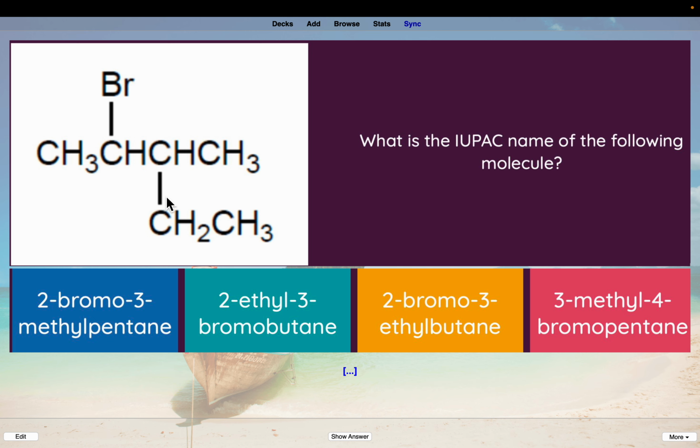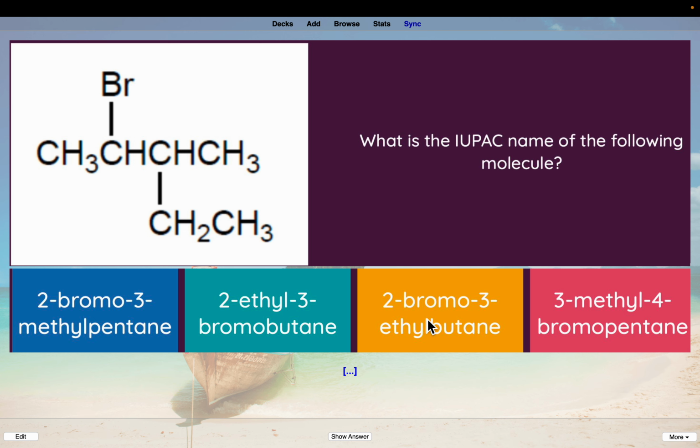So, 2-bromo, 3-methyl, meth, eth. Okay, so obviously the leftmost choice is already wrong because we have two carbons here. One carbon is meth, two carbons would correspond to eth. Here it says meth, so that just means we only have one carbon and three hydrogen atoms, which is not the case in this illustration.